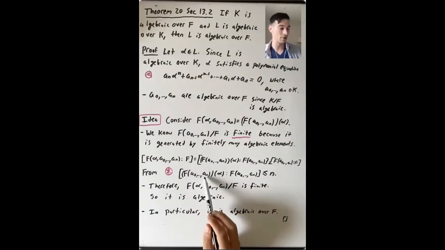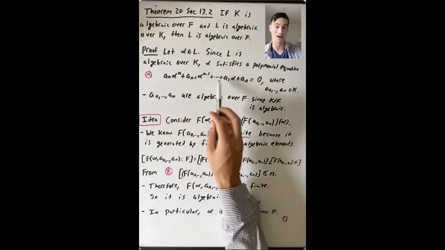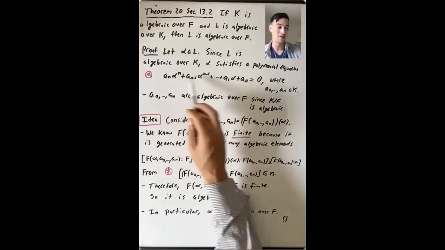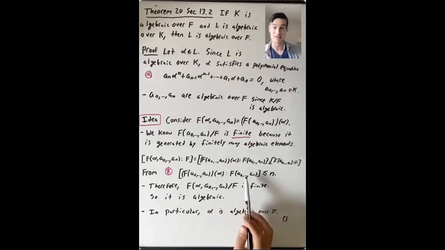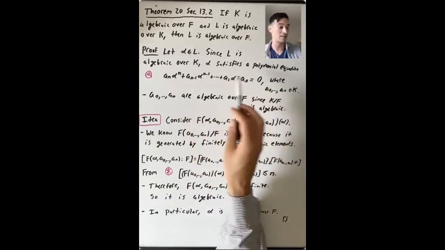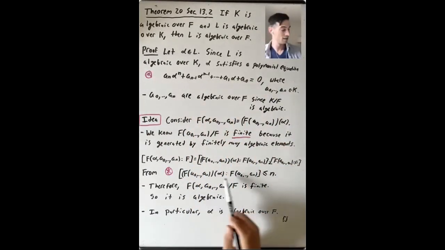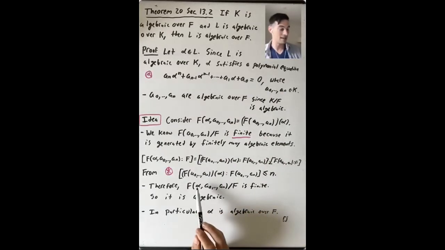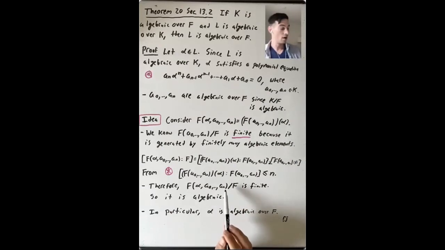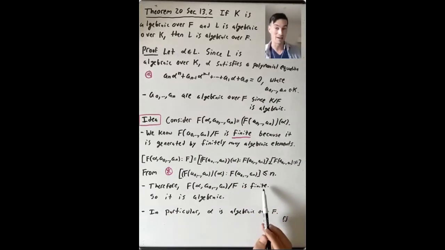It's this polynomial star, given by this starred line here, that has degree n. So whatever the degree of the minimal polynomial is, it's certainly at most n, because the minimal polynomial must divide this polynomial. So this is at most n, and this is a finite number. So this product is finite. So that means that this extension generated by alpha and a0 up through an over F is a finite extension.